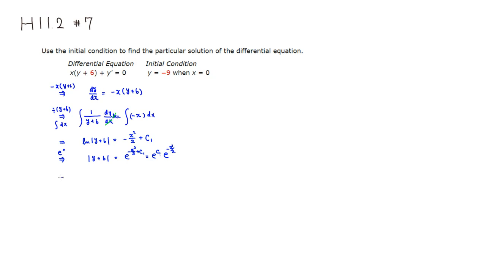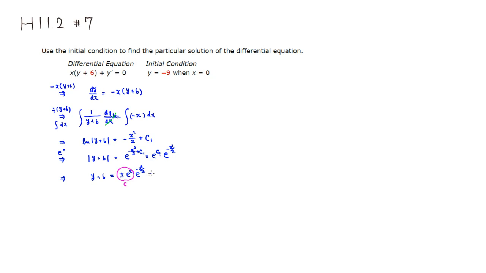Then removing the absolute value sign, y plus 6 is going to be equal to plus or minus e to the c1 times e to the negative x squared over 2. Just like before, there's no point in having a complicated expression for just a constant, so I'm going to call that c.